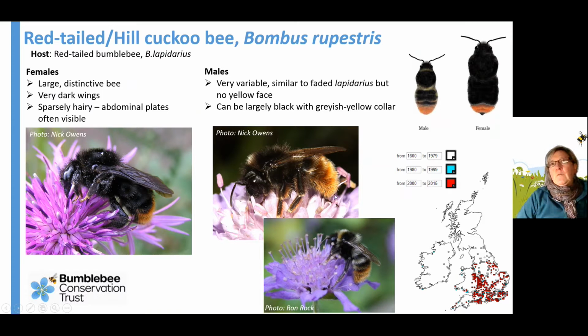So red tail, that's a constant, but the yellow is highly variable and can be almost a greyish straw colour. And you can see this one has more yellow on it. So it's got the collar a bit like a red tail male, and a bit of yellow at the back of the thorax, and more scattered yellow hairs on the abdomen as well. So you can tell it's a male cuckoo because it doesn't have that yellow face. The back legs are extremely thin and spindly and very, very hairy.